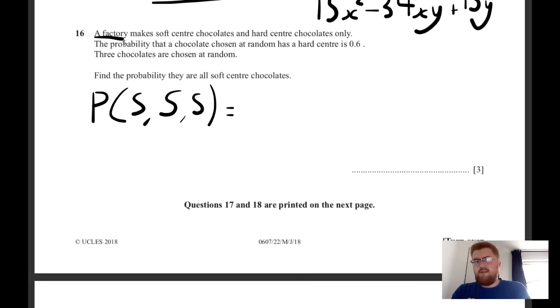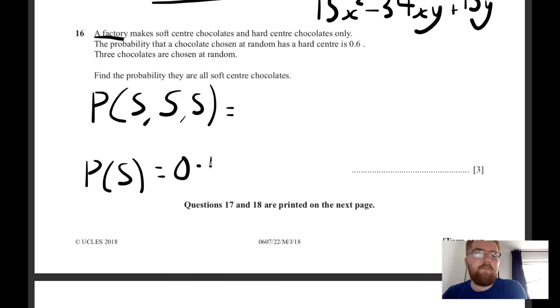So if we go back to what we're doing here, the probability of a soft chocolate, well, if the probability of a hard chocolate is 0.6, the probability of soft must be 0.4 because the factory only makes soft and hard centre chocolates. Now we want to work out the probability of soft and soft and soft.